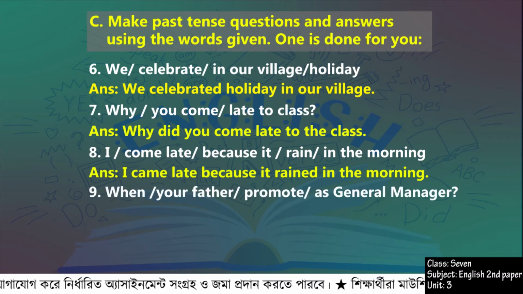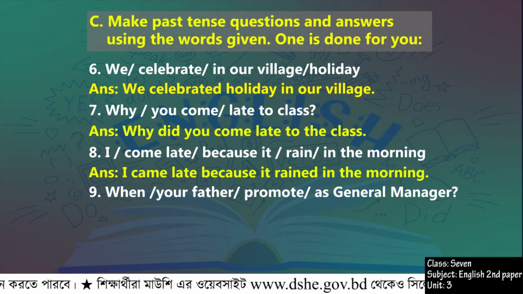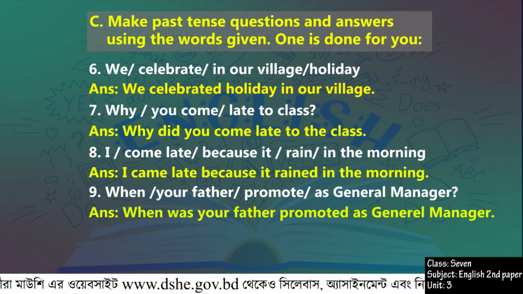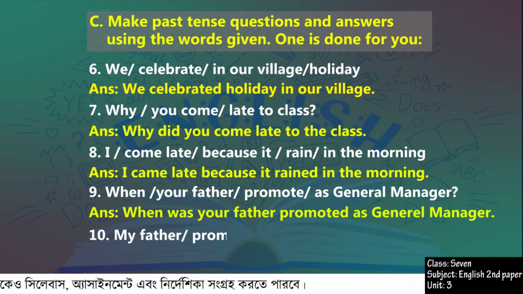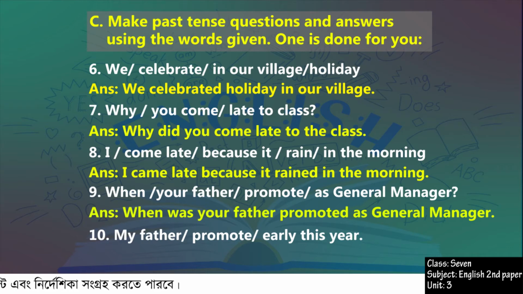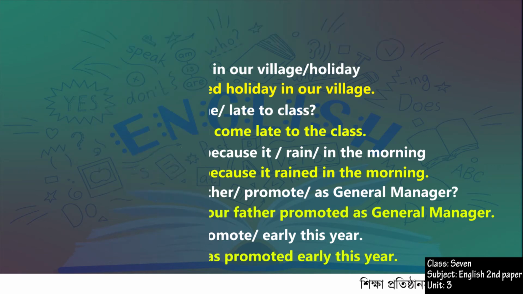Number 9. When your father promotes as general manager. It will be, when was your father promoted as general manager? Number 10. My father promoted early this year. It will be, my father was promoted early this year.